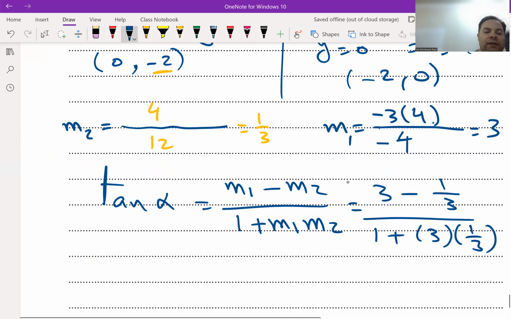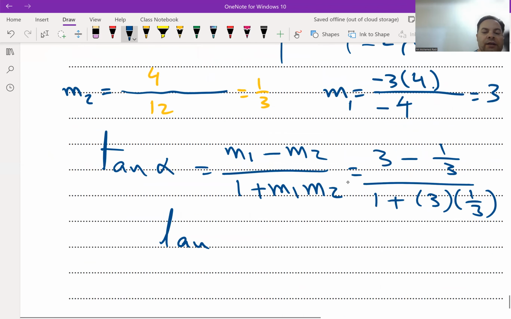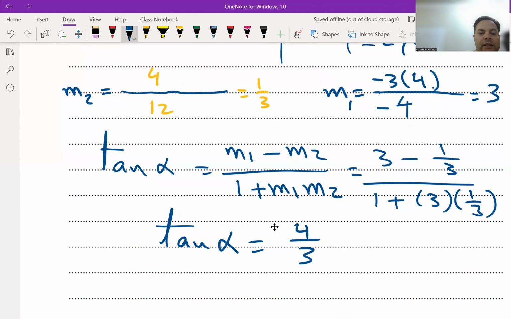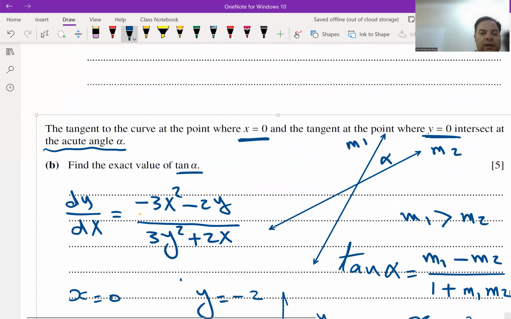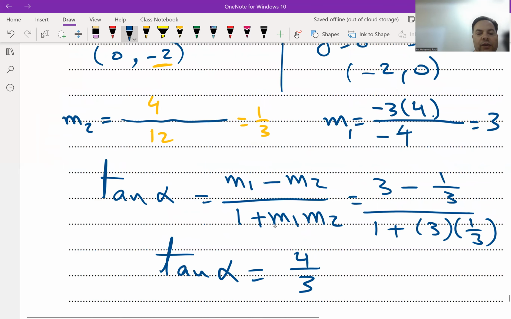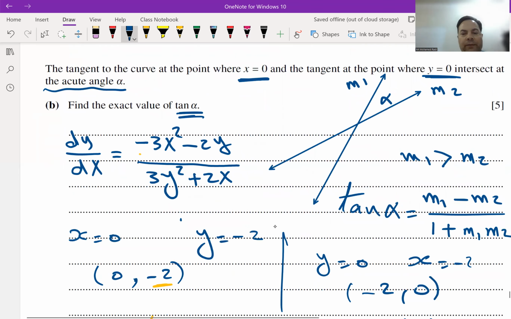Simplify your answer to get tan alpha. After simplifying, you will get 4 over 3. He asked to get tan of the angle, so keep it: tan alpha is equal to 4 over 3. Thank you.